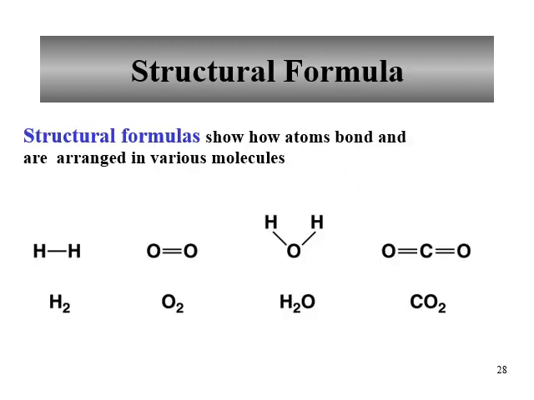So this can be denoted by drawing the structural formula. Now here you know hydrogen has shared only one pair of electrons. This one has one on the outermost shell, this one has one, so they end up sharing a pair.